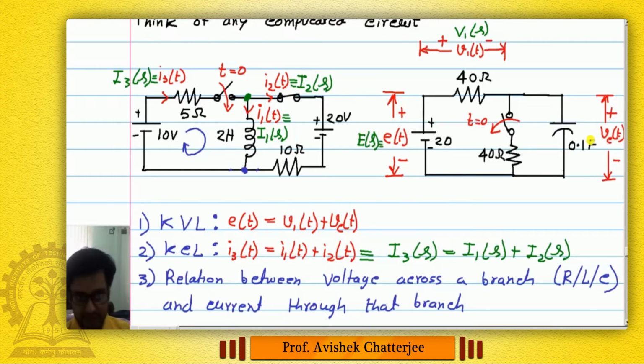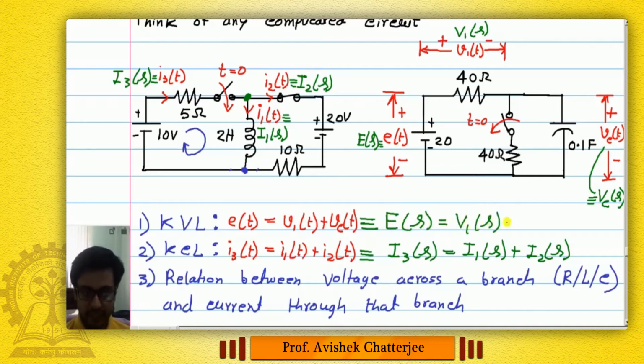And the Laplace transform of this voltage is capital VC(s). Then from this equation, by taking Laplace transform of both the sides, we can write capital E(s) is equal to capital V1(s) plus capital VC(s). This looks exactly similar to the Kirchhoff's voltage law in time domain. So this equation we will call Kirchhoff's voltage law in S domain or Laplace domain.